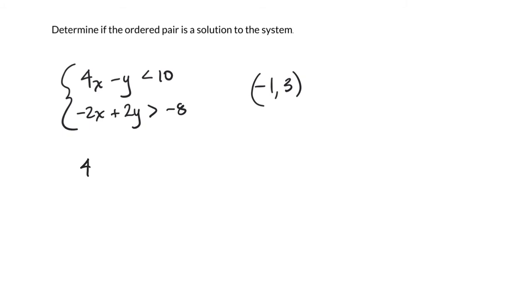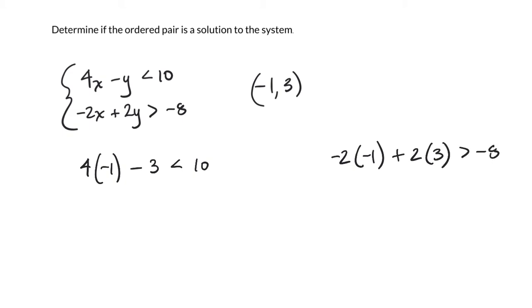The first inequality is 4 times negative 1 minus 3 less than 10. And then the other one is negative 2 times negative 1 plus 2 times 3 greater than negative 8. And we'll just check to see if these are true. So negative 4 minus 3, is that less than 10? We got negative 7 is less than 10. So this one works.